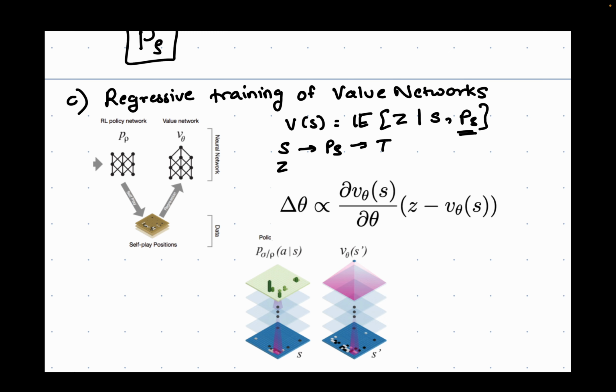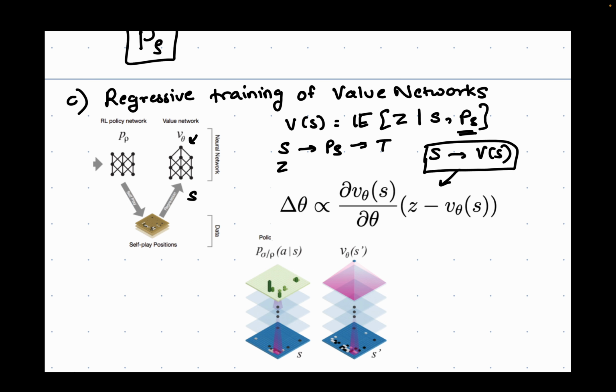Since this is probabilistic, you will have to run multiple iterations, and this lets you produce a state to reward map. Now this is your data set, and you use this data set to train this network.